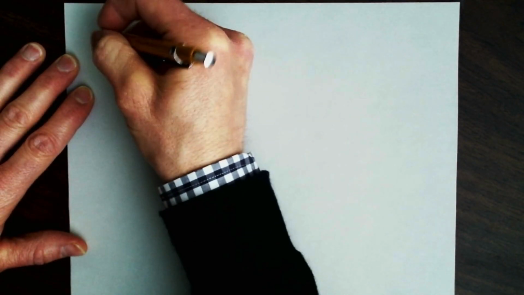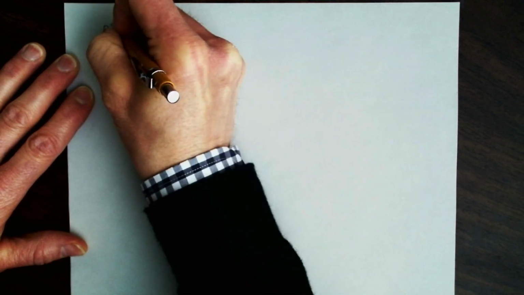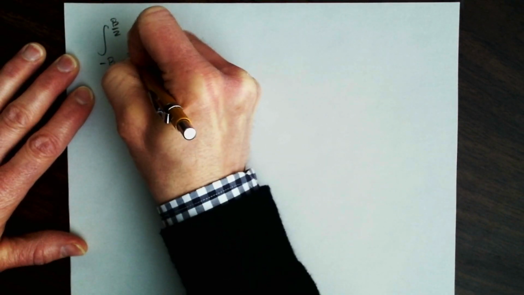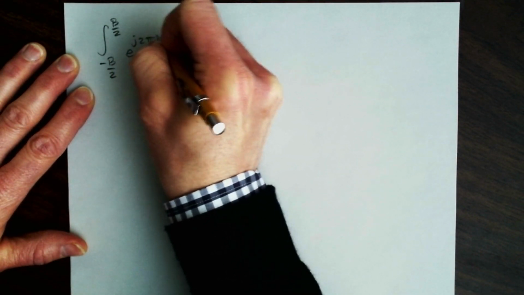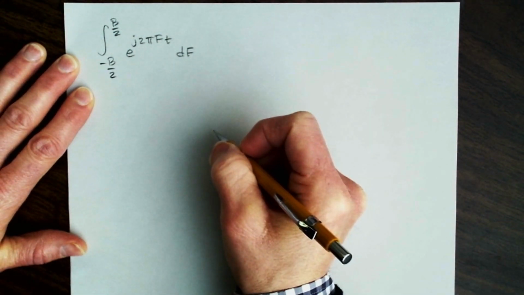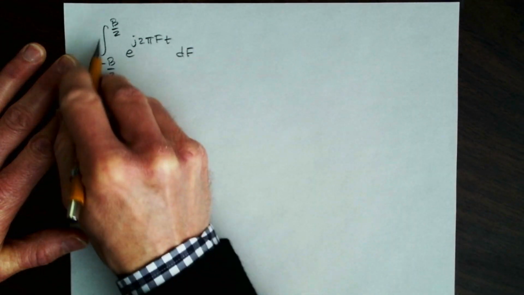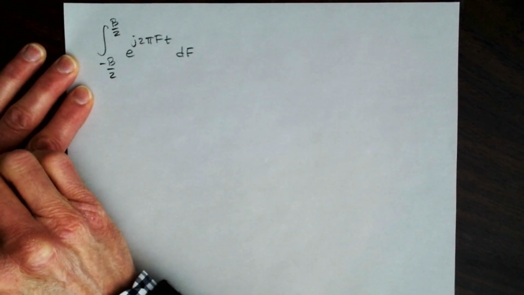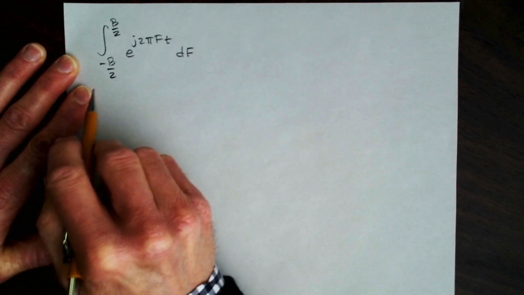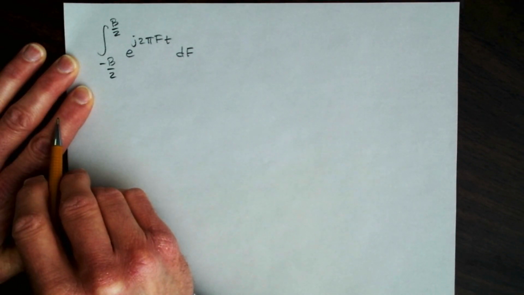The first one that I'd like to do is the integral from minus b over 2 to b over 2 of e to the j 2 pi f t df. The thing to notice here is that the interval that we're integrating over is a symmetric interval, from negative b over 2 to positive b over 2.